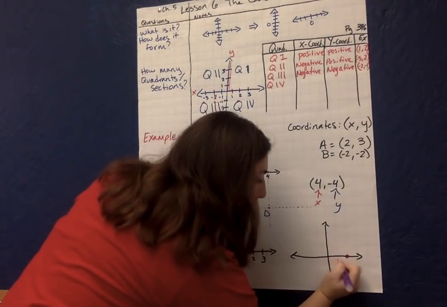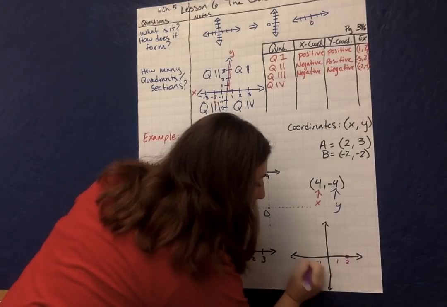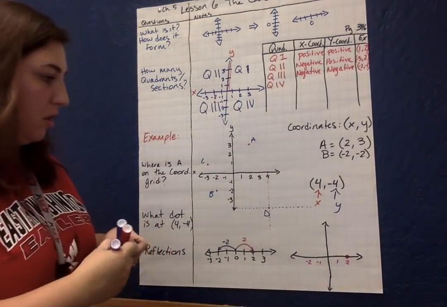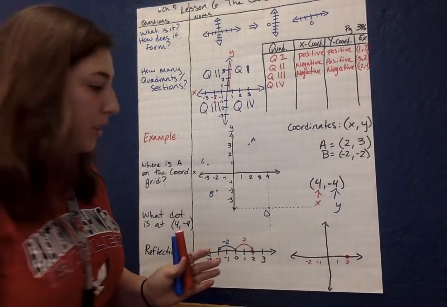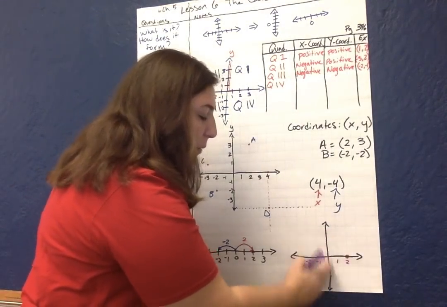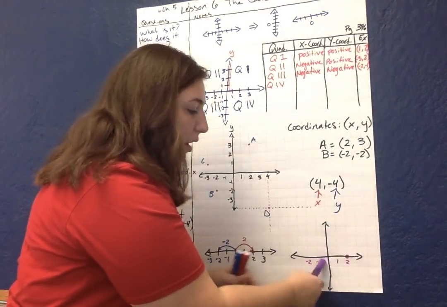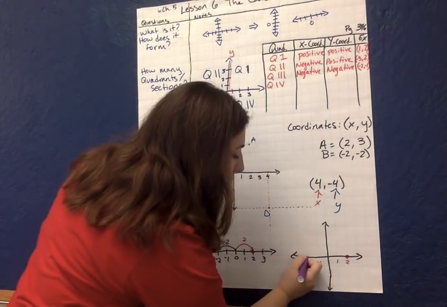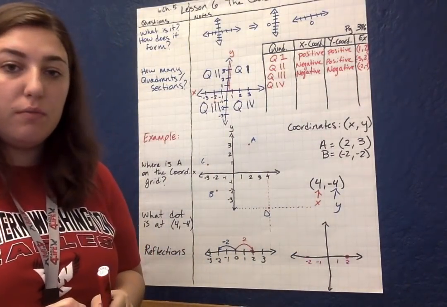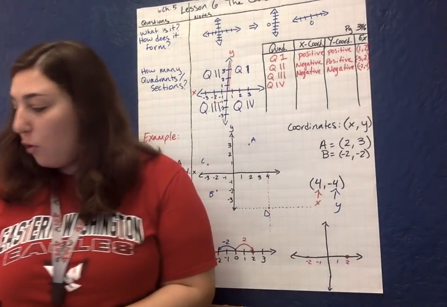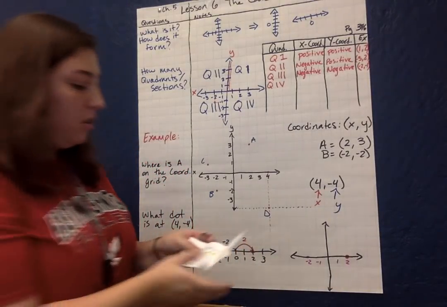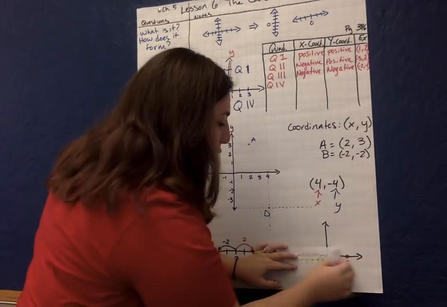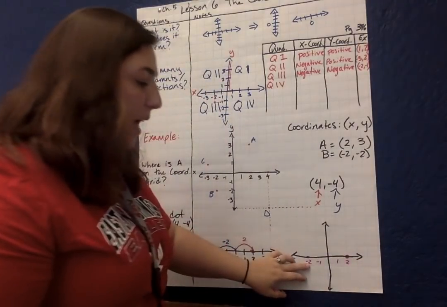Okay, and here's 1, 2, -1, -2. Okay, so I'm going to pretend that this line is a mirror. Okay, I have my 0 here. And if I fold this over, I should be at -2. Okay, so I'm going to pretend that I'm folding that over just like it's here. And I fold it over, I should be at -2.